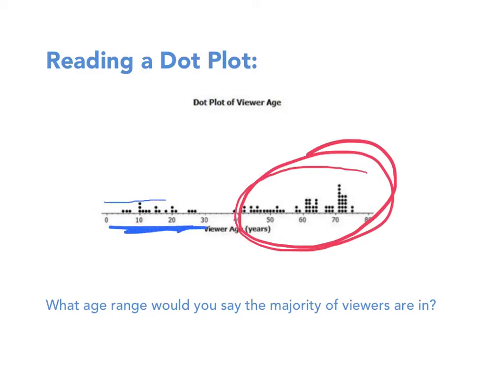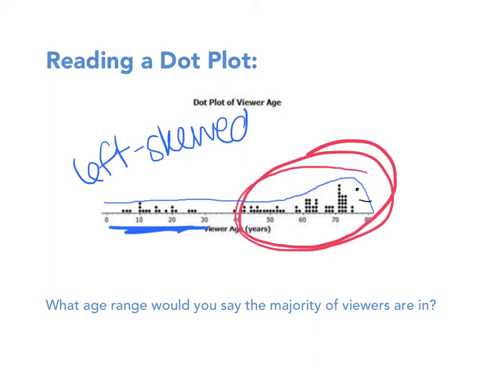So if I was to draw over this, you can see how it becomes a little hump over here. And this is the tail. We like to think of this as making it like a little whale shape. And the tail of the whale is on the left side. So this is left skewed data.